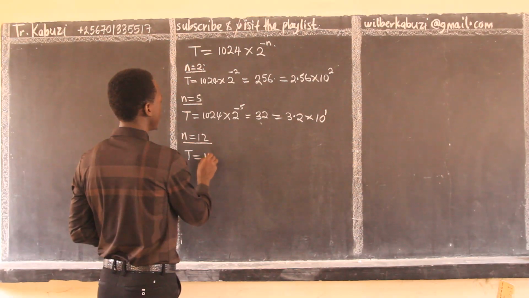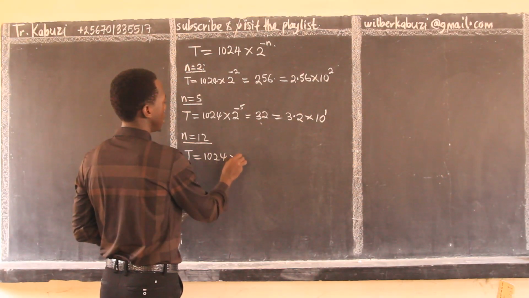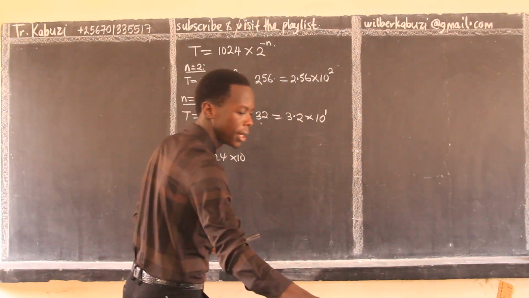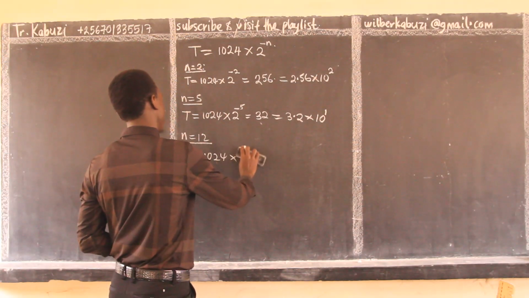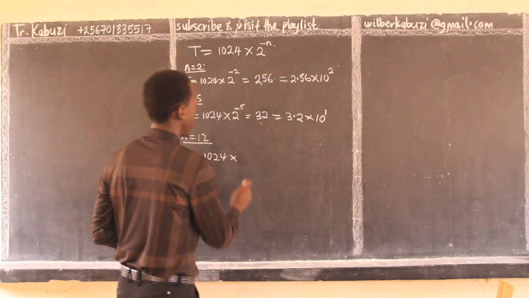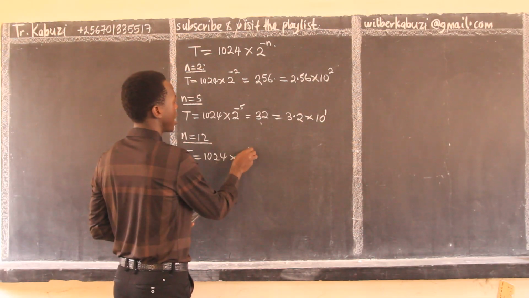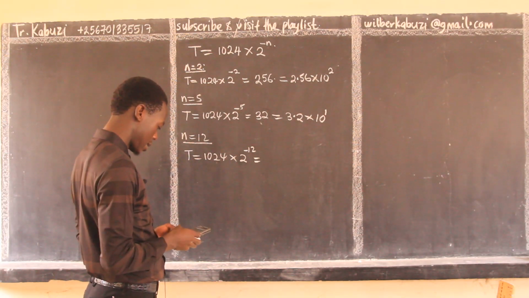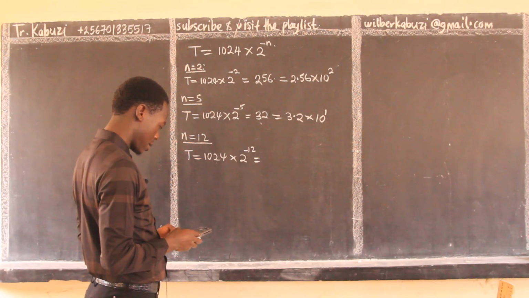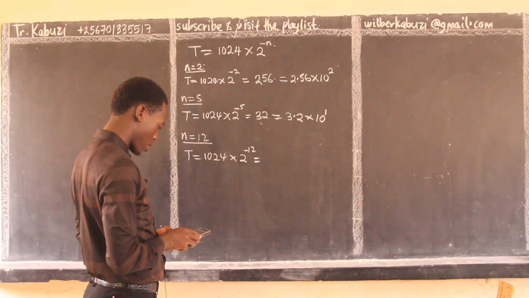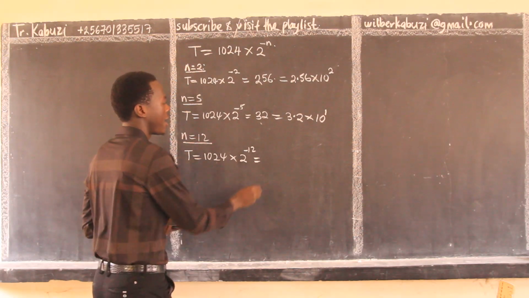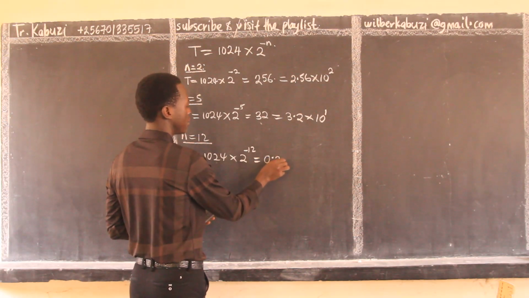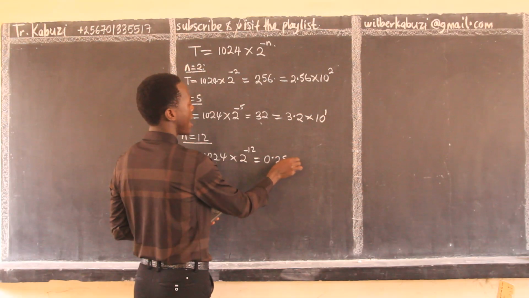When I come now to n equals 12, we have 12 workers. It will be 1024 times 2 power negative 12. Now this will be 0.25.